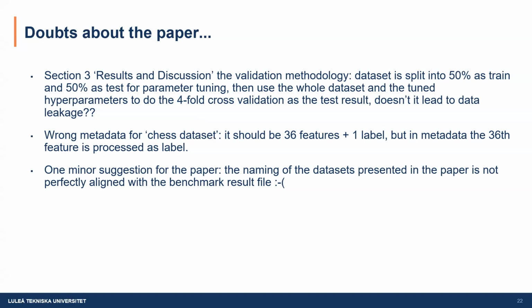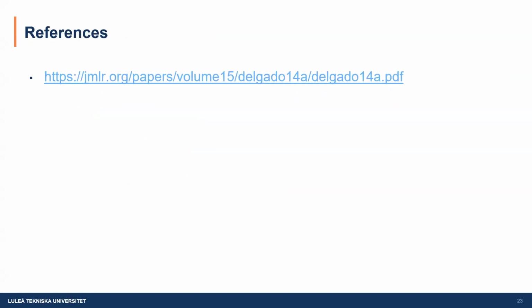And another minor suggestion for the paper: the naming of the datasets presented in the paper is not consistent with the benchmark result, which makes it difficult for us to find the correct alignment. And this is the reference paper that we have used in our project.